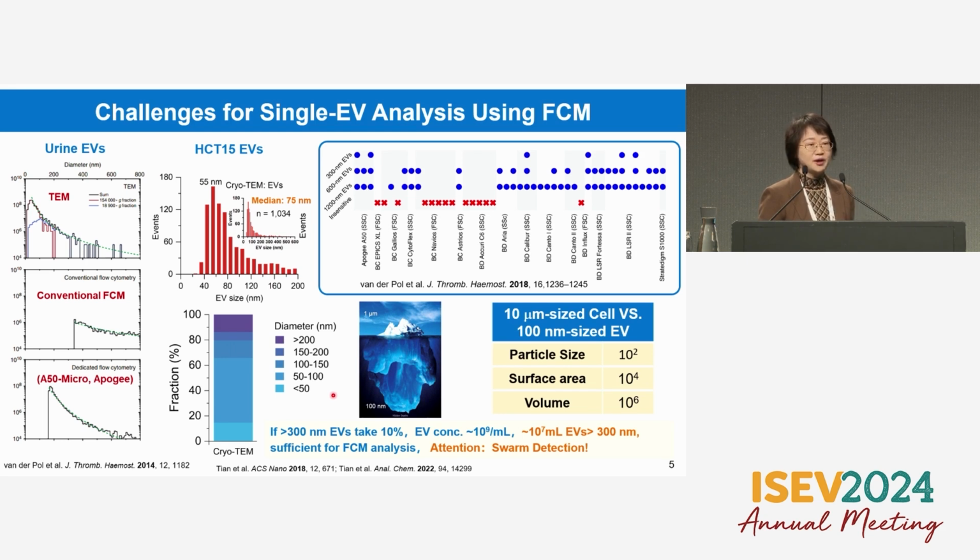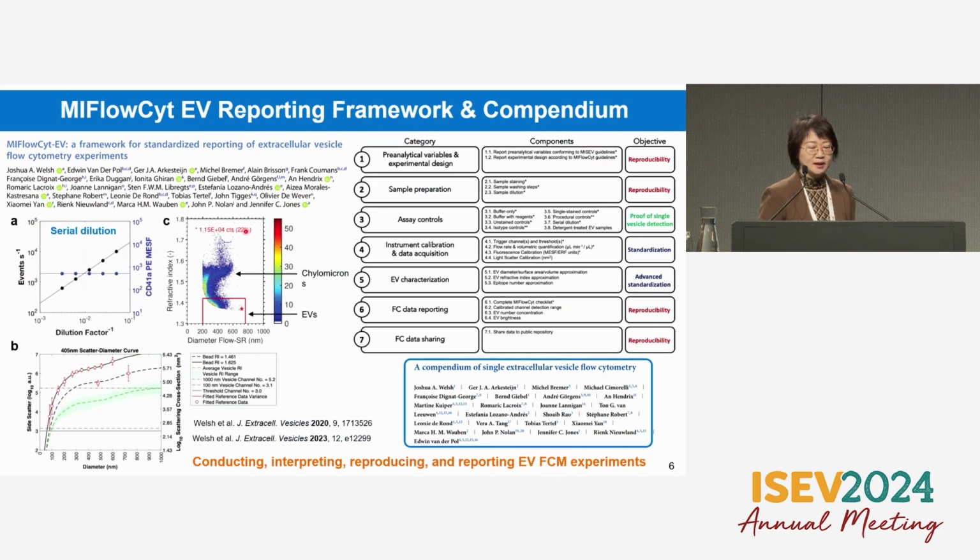So this all requires great sensitivity for flow cytometry analysis. Flow cytometry analysis of EVs encounters many challenges, not only because of the limitations of the instrument, but also the lack of rigid methods or the ambiguities in data interpretation.